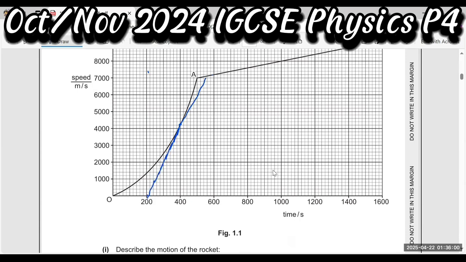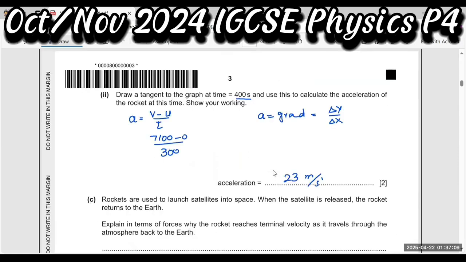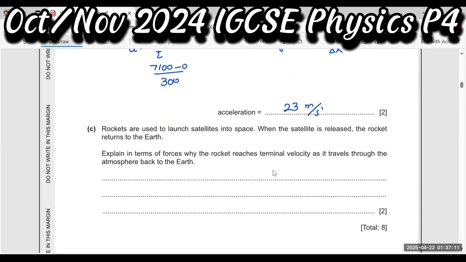It's approximately 200. This may not be accurate because I didn't draw the exact line. So let's suppose the time is approximately 500. 500 minus 200 is 300 seconds. The speed changed by 7100 minus 0. So 7100 divided by 300. The answer may vary from 14 to 23.